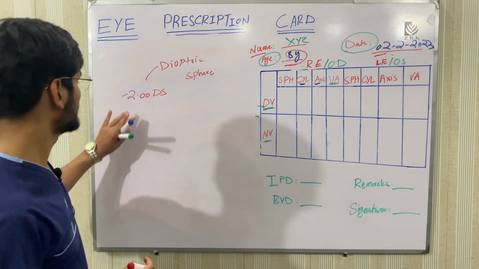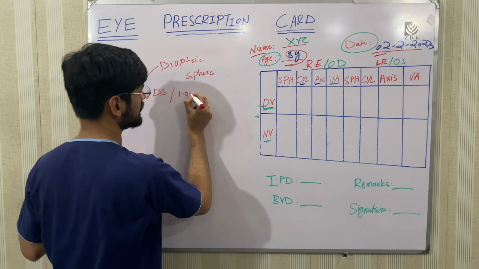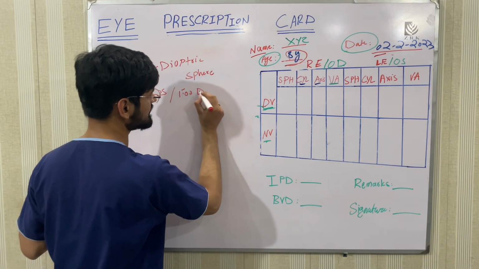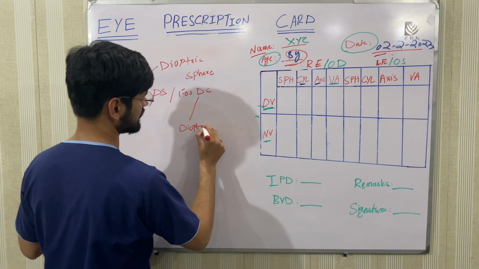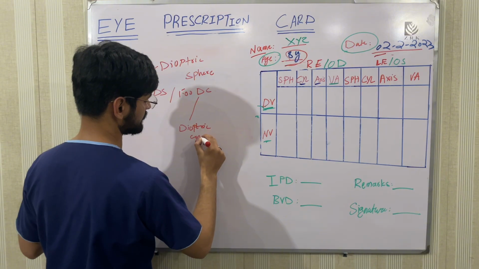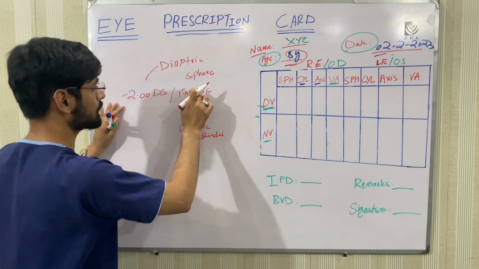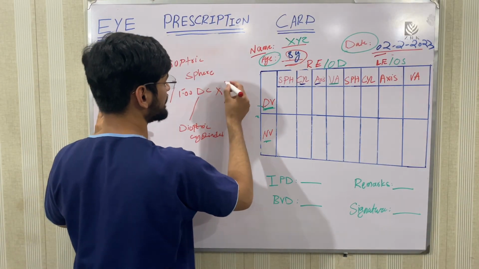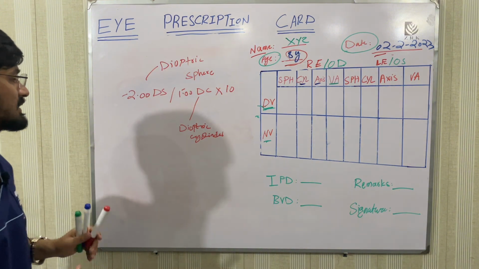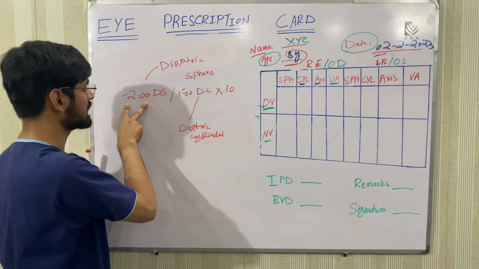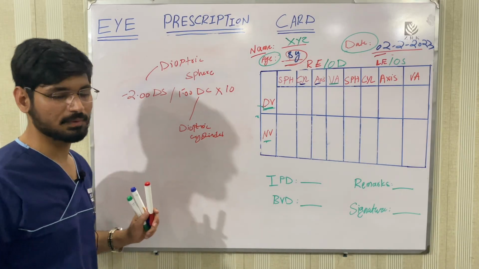If the patient has -2 dioptric sphere with -1 DC, which means dioptric cylinder, okay? If the patient has -2, -1 dioptric sphere at an axis of, for example, 10 axis, the patient is having -2 with -1 cylinder at the axis of 10.